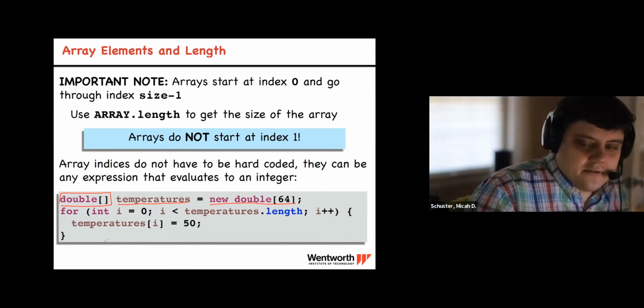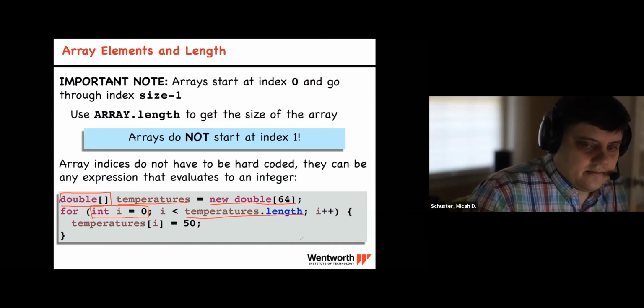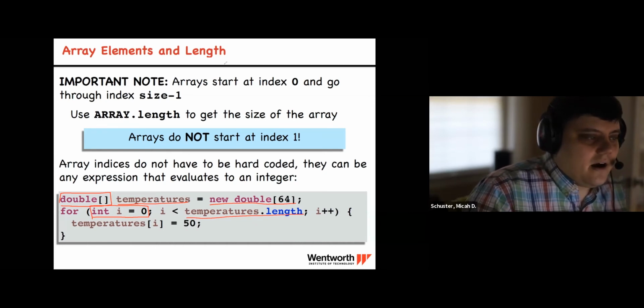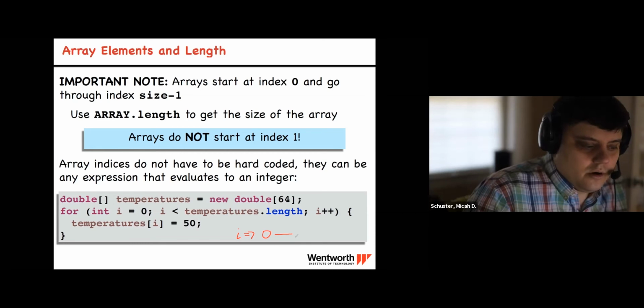So for my loop here, I'm using the standard loop stuff we did before: int i equals 0. But now I have i less than temperatures.length. So let's think about what i is doing. It starts at 0. So i is going to go from 0 to less than temperatures.length.